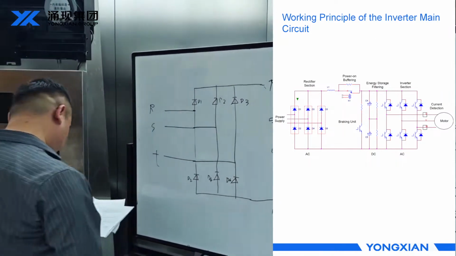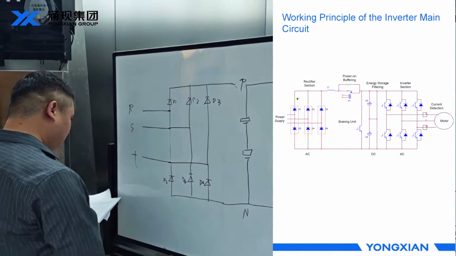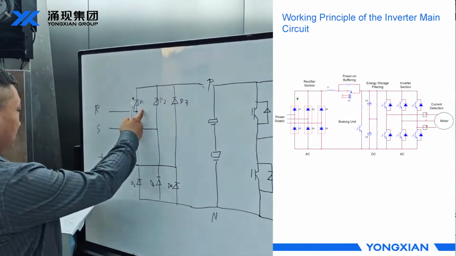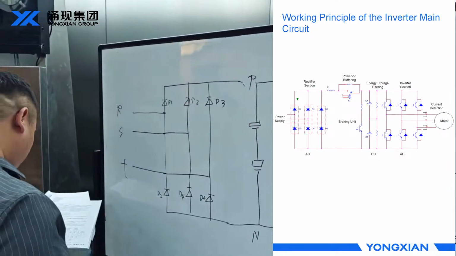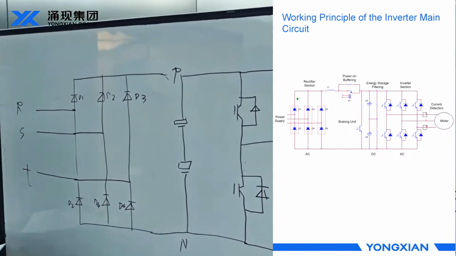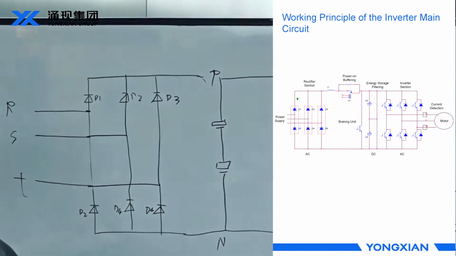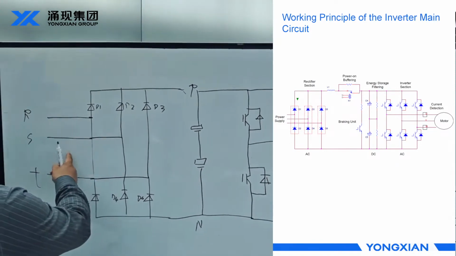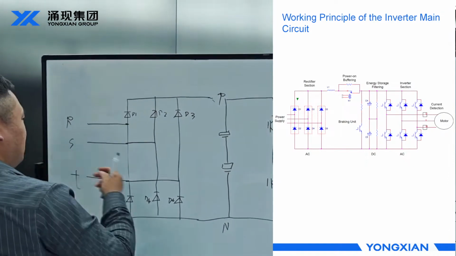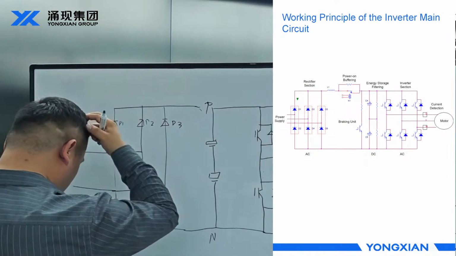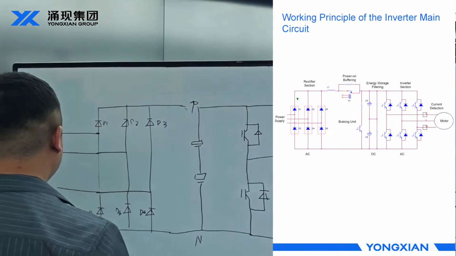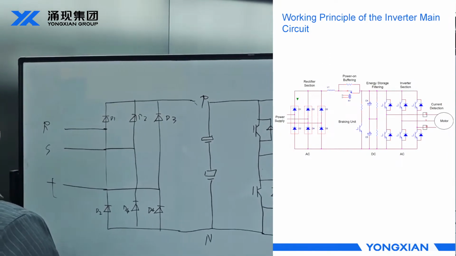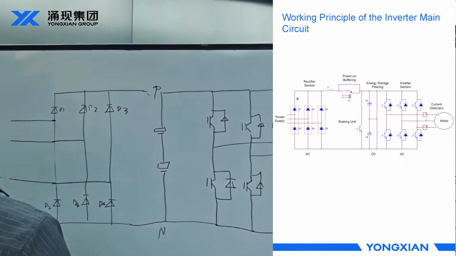Now let's talk about the first part of the inverter. In the drawing, we can see the 6 rectifier diodes make up our rectifier section. It converts our three-phase input power, after rectification, into a smooth DC voltage.